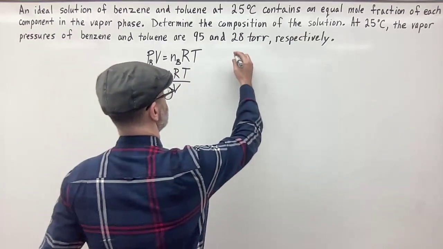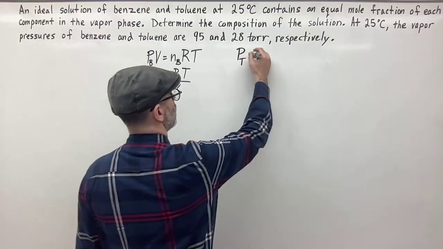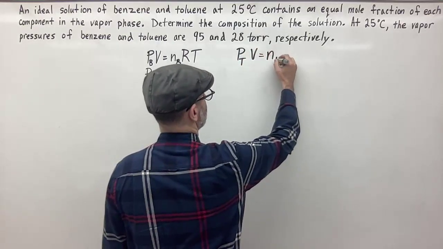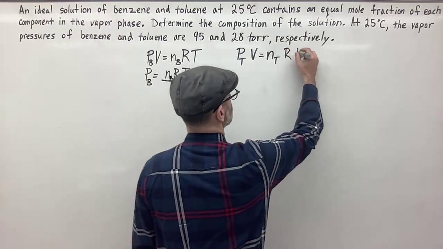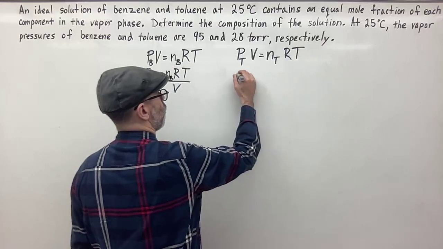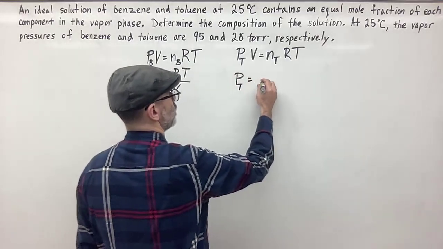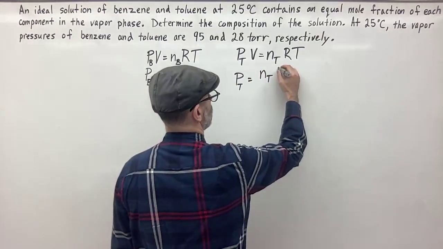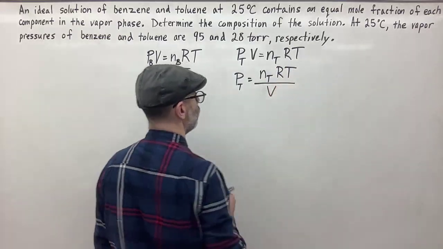So we could do the same thing for toluene. PT V equals nT, T for toluene, RT. We solve for the partial pressure of toluene. That's going to be equal to the moles of toluene times RT over the volume.